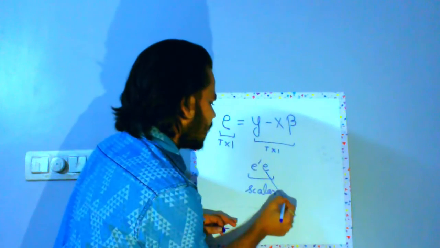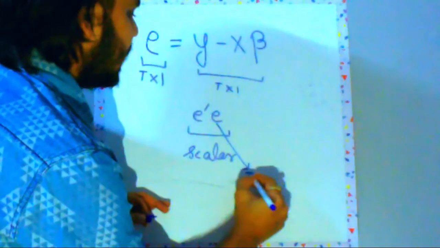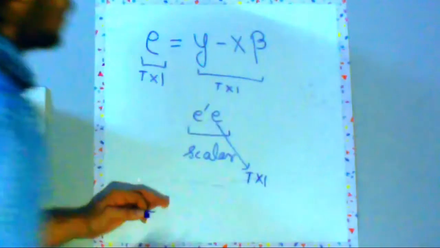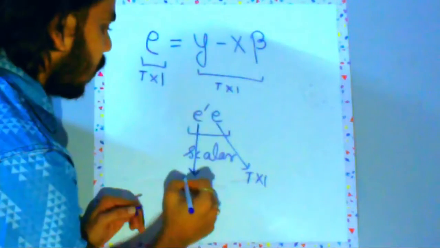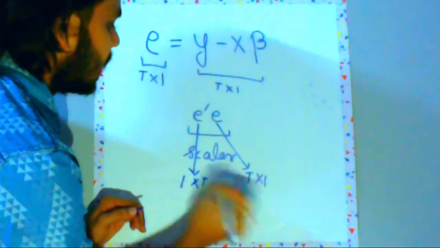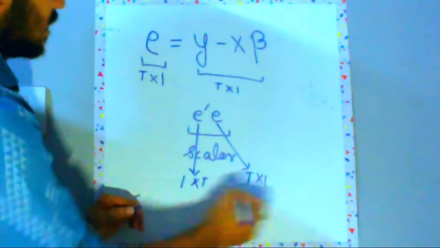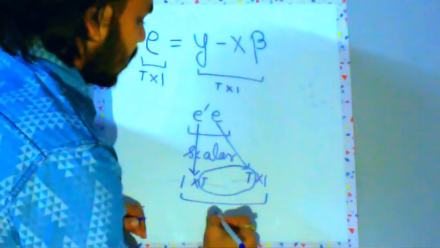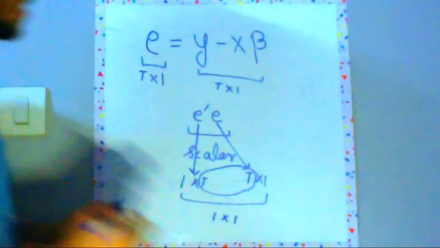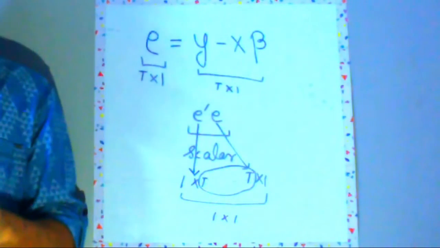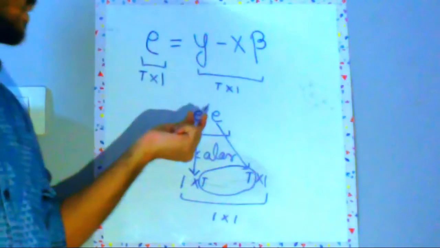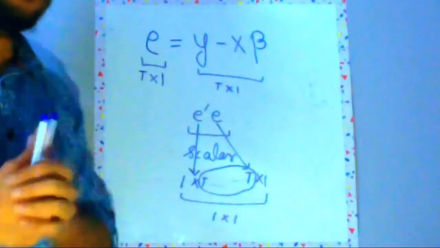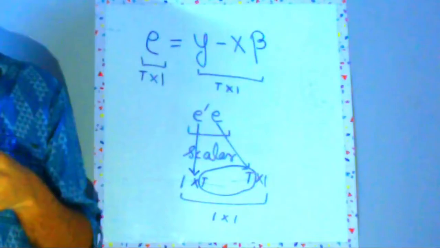E has a dimension of T cross 1, so the transpose of E would have a dimension of 1 cross T. So if you multiply them, it will have a dimension of 1 cross 1, which is a scalar quantity. So if I find E transpose E, it will give me a scalar quantity.